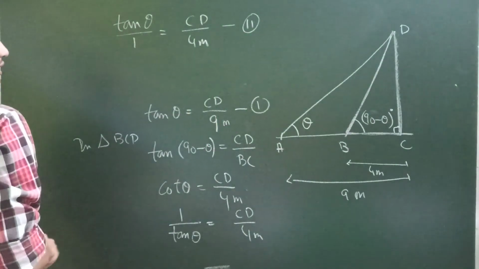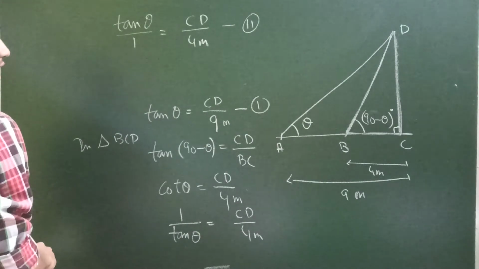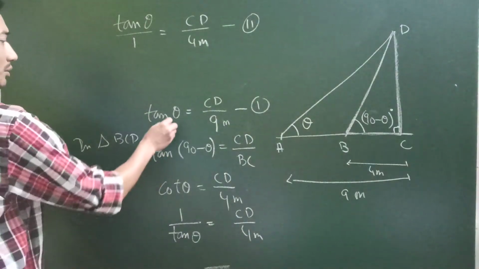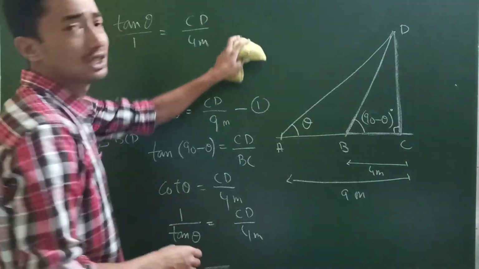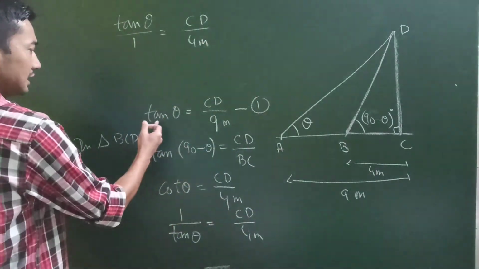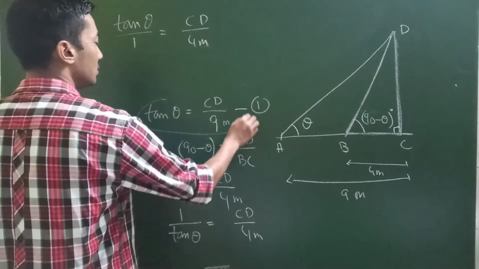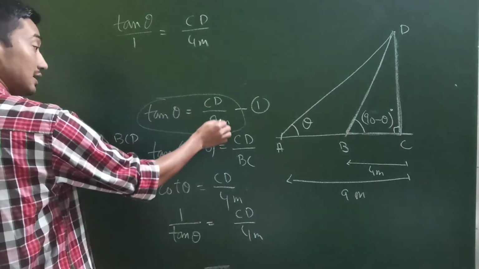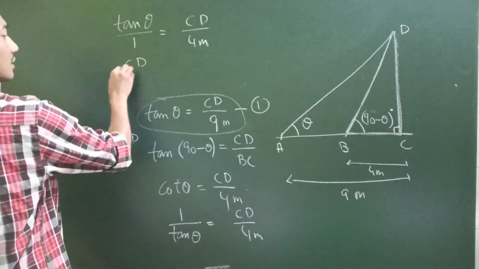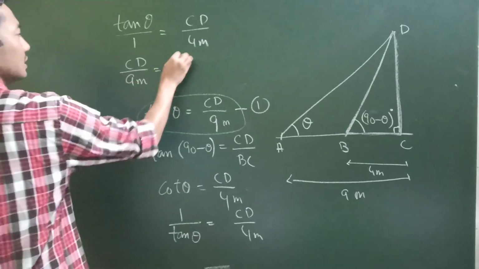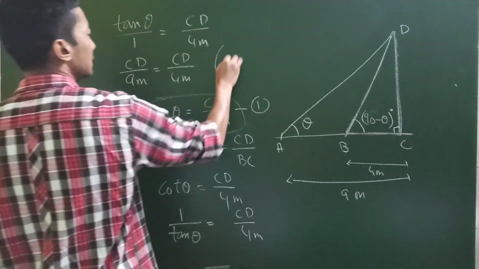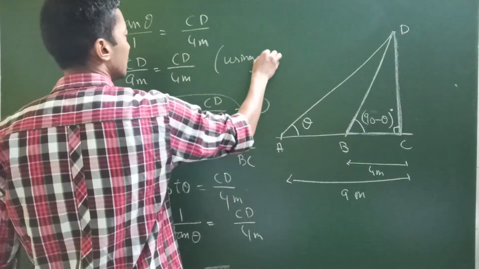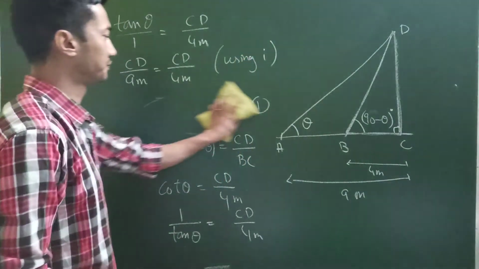Now if we compare equation 1 and 2, from equation 1 we can use tan theta as CD by 9 meter, and this is of course CD by 4 meter, same equation. This is using equation 1.